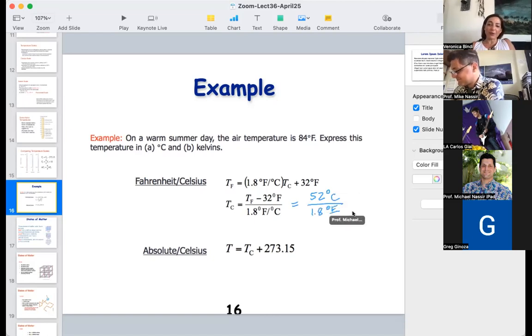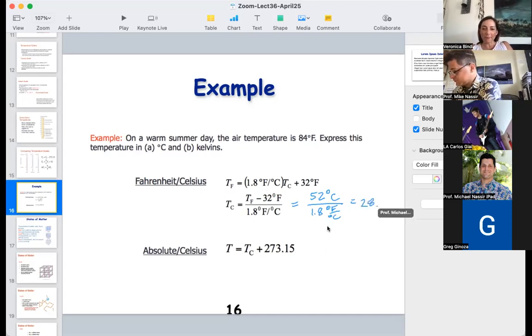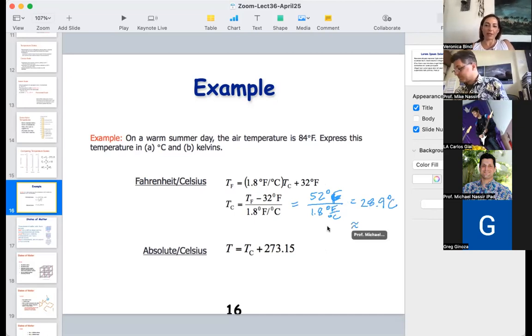So 52 divided by 1.8, which makes 28.9 degrees Celsius. You can imagine that in Rome in the summer, we even get to 42 degrees. So 28 is a warm summer day. Very good. It's essentially similar to what we have right now, right?